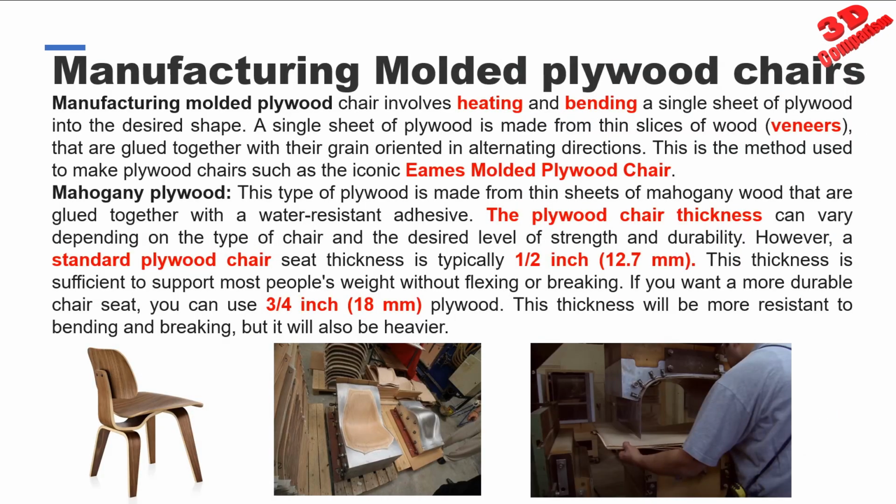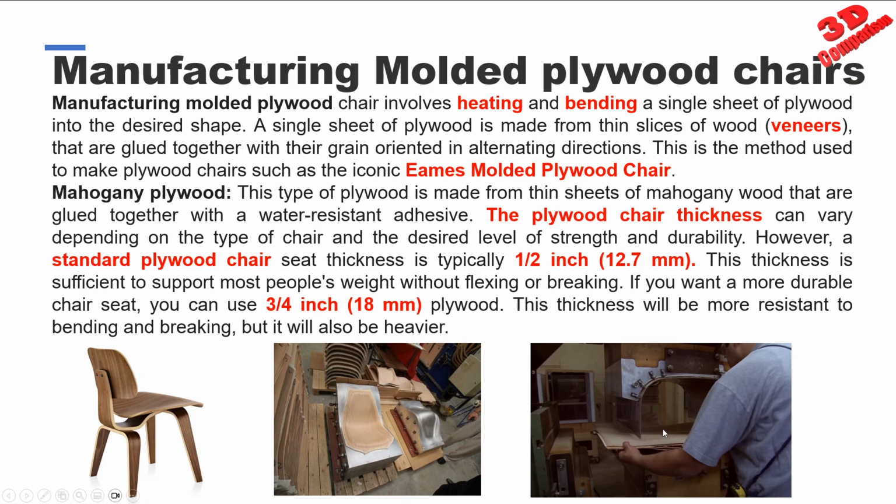Now, regarding the manufacturing of such a molded plywood chair, manufacturing molded plywood involves heating and bending of a single sheet of plywood into the desired shape. Over here to the right, we have that single sheet of plywood, which is made from multiple thin slices of wood, which are called veneers, and these are glued together.